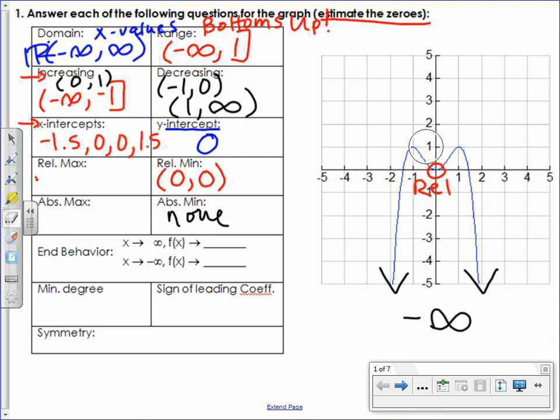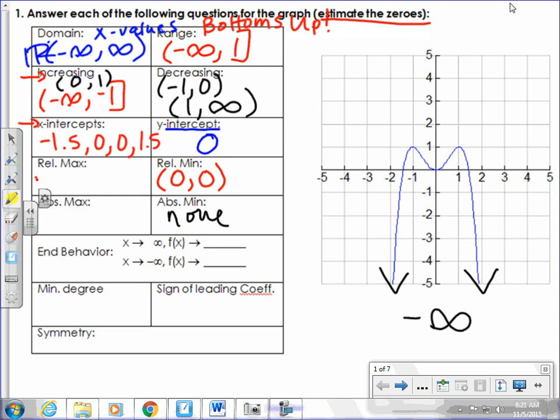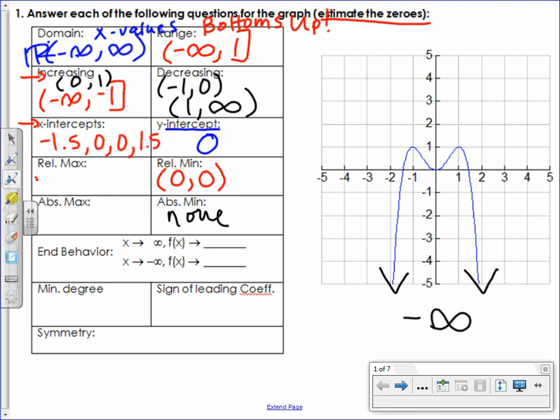Okay, now let's talk about maximums. Let's talk about the highest this graph goes. If you look at this graph, there is a point on that graph that it will never ever get higher than. Your graph will never get higher than that right there. So if it never gets higher than that value of 1, then we're going to call that an absolute max.